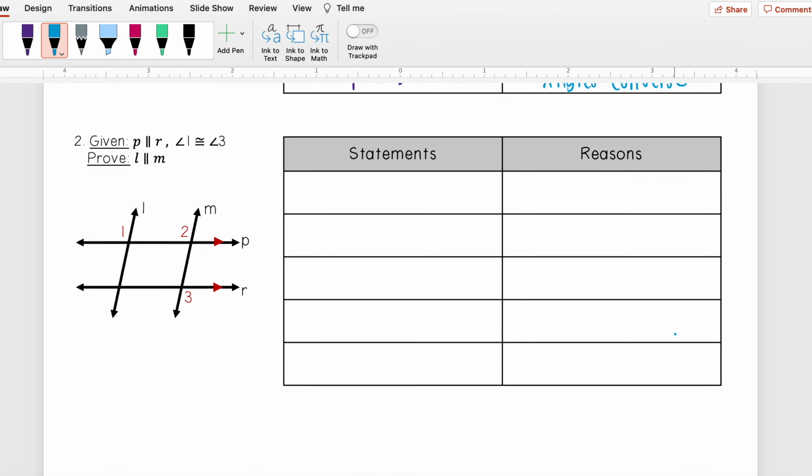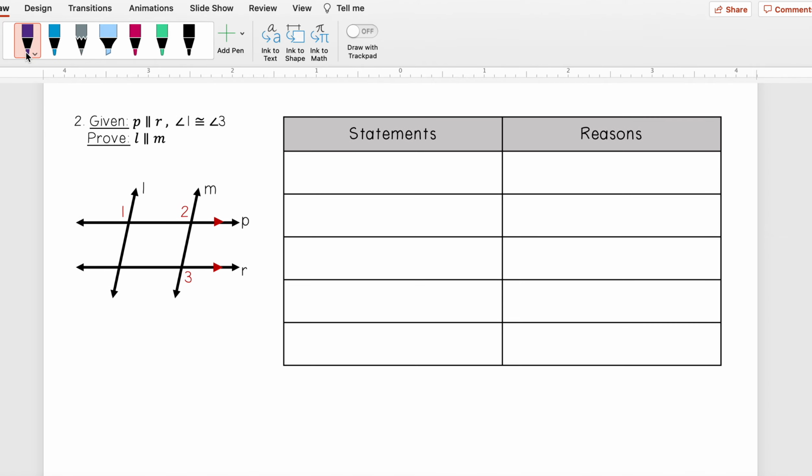Okay, let's look at another one. So here I'm given that P is parallel to R. Angle 1 is congruent to angle 3.